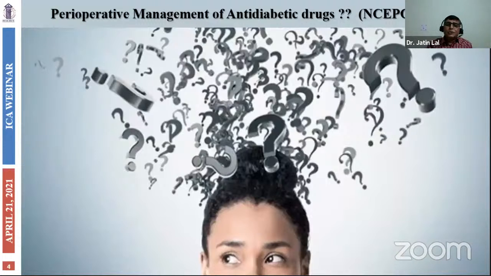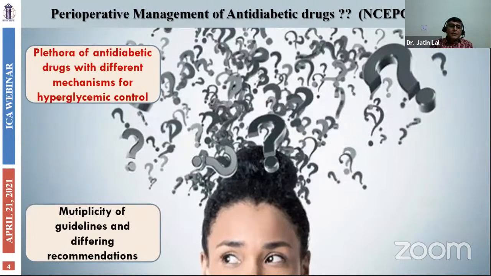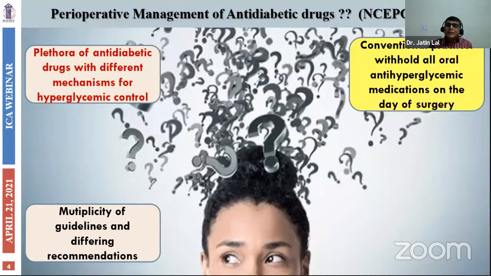A study has shown that there is a lot of confusion in the perioperative management of diabetes, and it has cited a number of reasons for the same, because there are a plethora of anti-diabetic drugs with different mechanisms for hypoglycemic control. There are a multiplicity of guidelines and different recommendations. As Madam Shashi has already told, there are numerous regimes. So one is already confused.